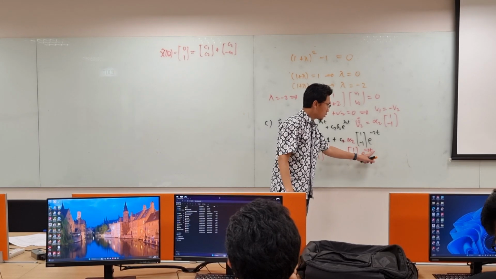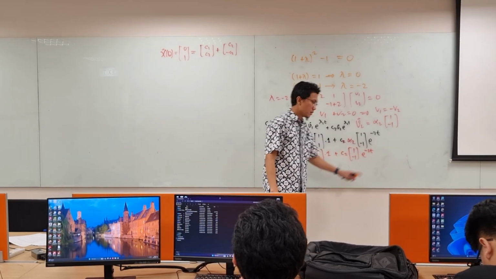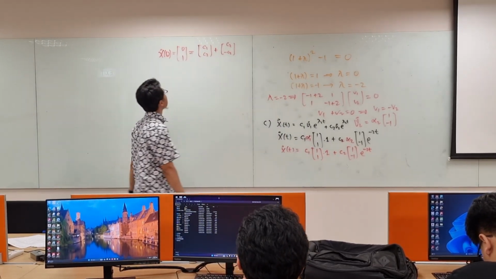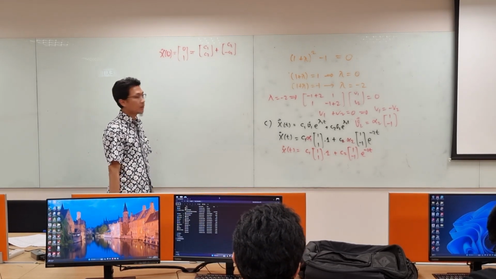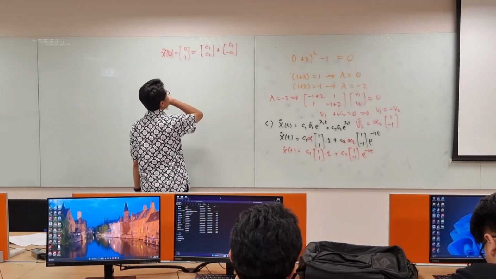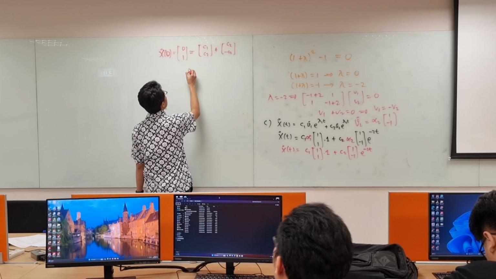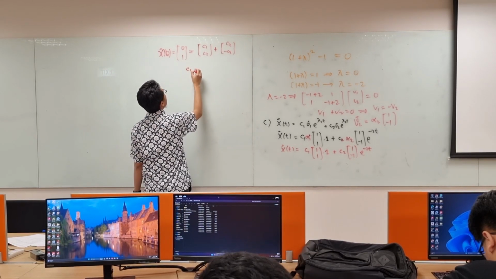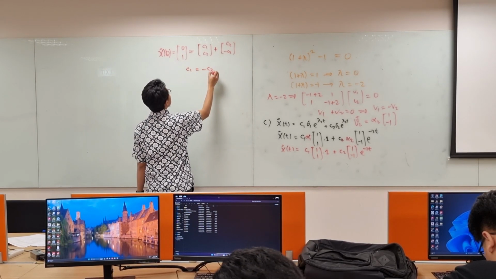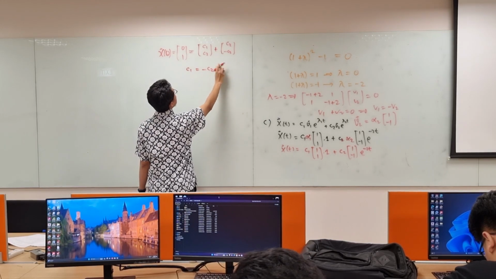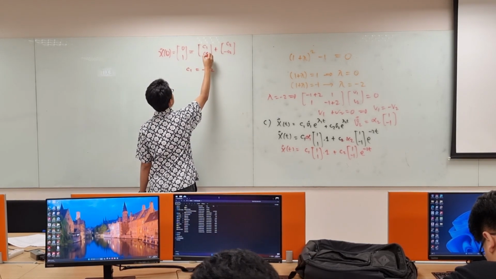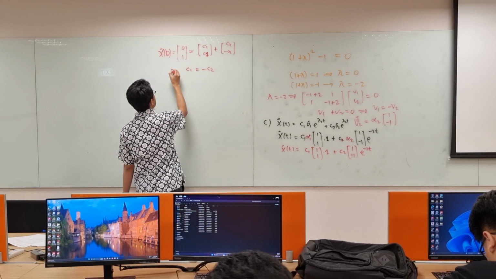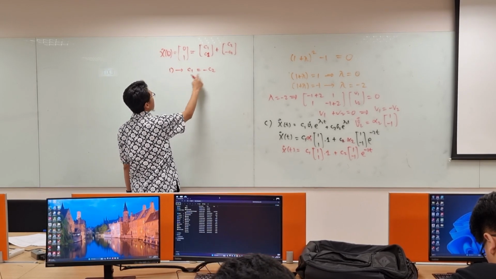If I put t equal to 0, this will be 1. Agree? After that, you will find out that C1 is equal to minus C2. From the first equation, you get C1 equal to minus C2.